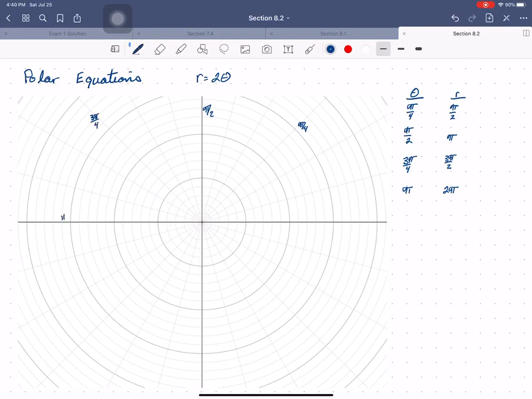This spoke is, of course, pi. 5 pi over 4. 3 pi over 2. 7 pi over 4. And 0 or 2 pi. Okay. So when theta is 0, r is 0, I didn't put that one on, but that's okay.